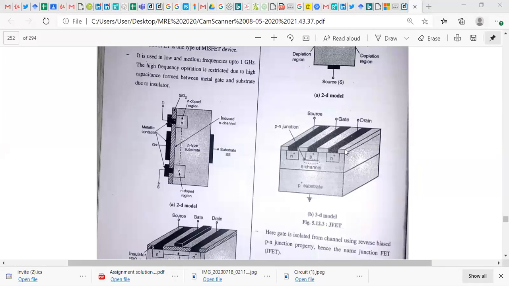Which type of contact is formed in MESFET? Yes, Akhilesh. Which type of contact we form in MESFET?